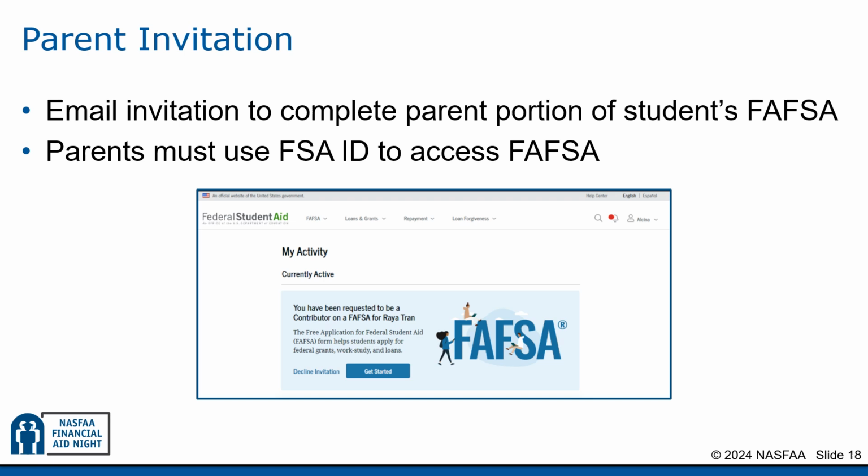If the form did determine that the student needs a contributor's information on the FAFSA for it to be processed, what will happen then is that an email invitation will get sent to the parent telling them that they need to get in and complete a portion of the student's FAFSA form online. From here, parents will log in using their own individual FSA ID that they created to access their student's online FAFSA form.